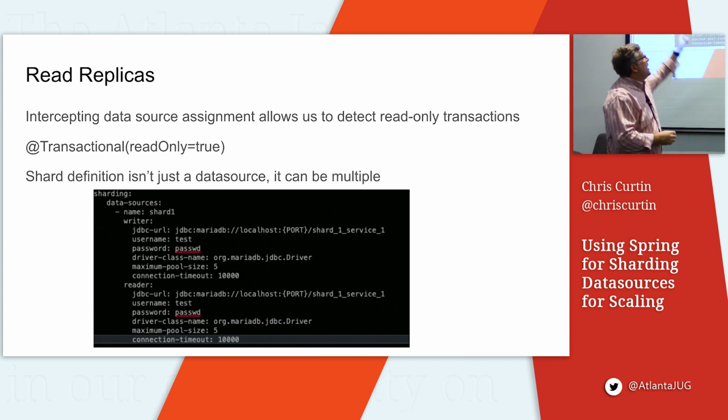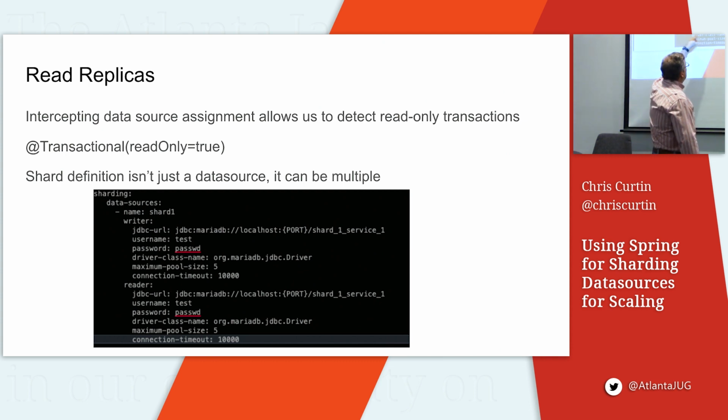So you have the opportunity now to catch and say, hey, wait, they're in a read-only transaction. Because what is a shard is not just a database connection pool, it can be other information. It's trivial to enhance that code we just looked at to say, hey, wait, if it's read-only, return the reader. Oh, poorly named. Return the reader name to Spring instead of the writer name, and now your code is using a read replica.